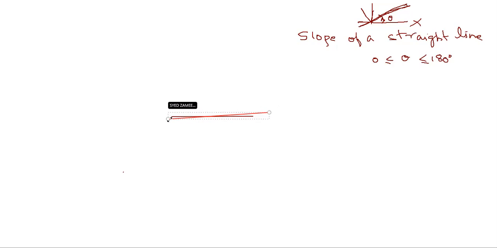Like this we can move this line to make the angle like this. Suppose this is a line we can make. This is when it makes 0 degree. When it makes 0 degree, it will come like this.